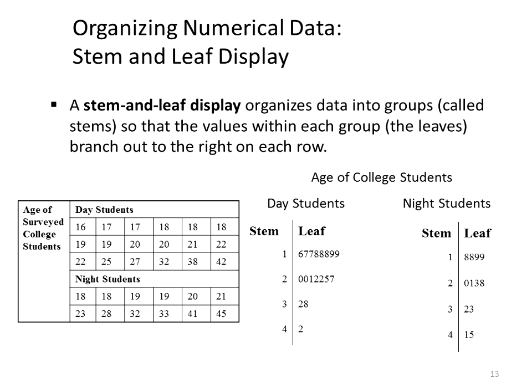Okay? So here we are saying a stem and leaf display organizes data into groups called stems, so that the values within each group, the leaves, branch out to the right of each row. Now, for the day students, we have the following stem and leaf display.